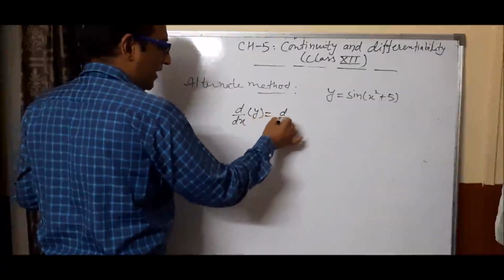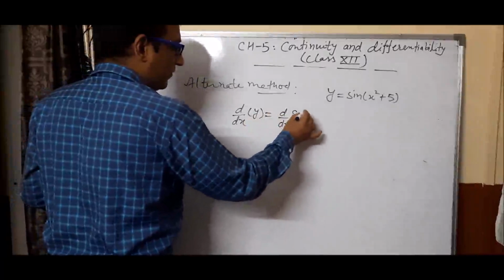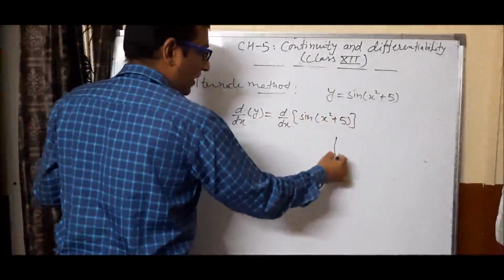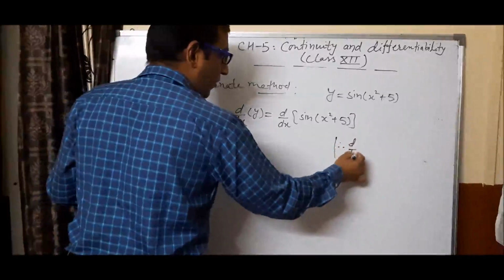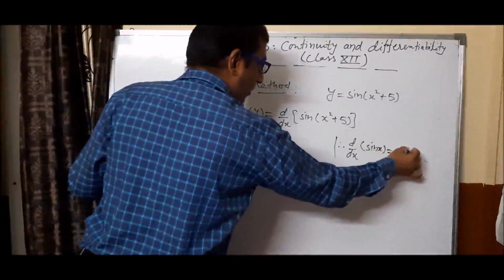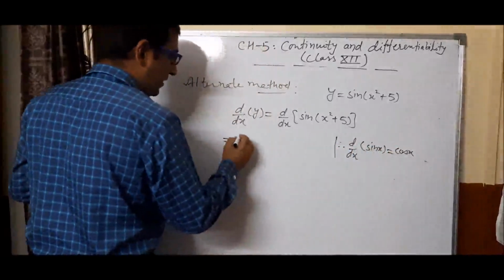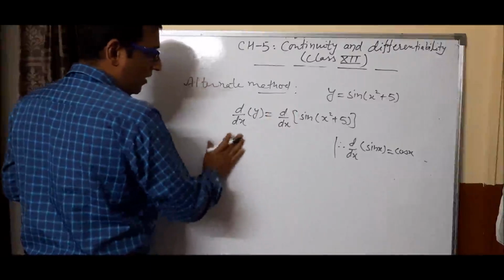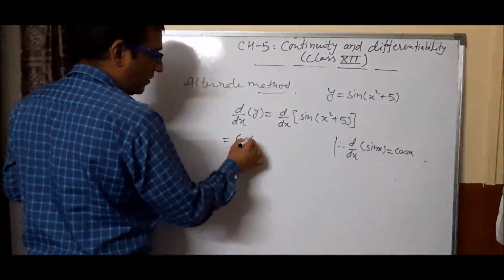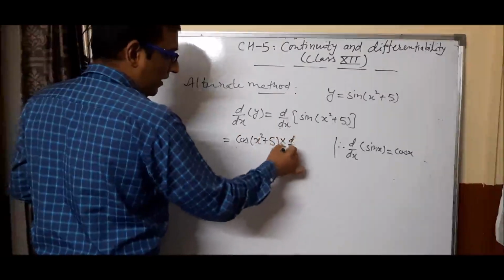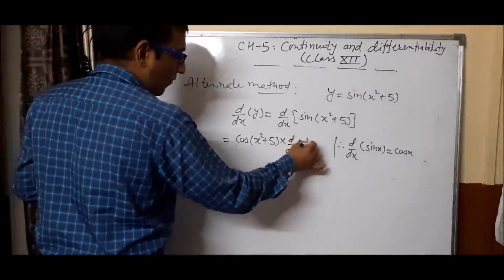We will write d by dx on both sides. As I told earlier, d by dx of sin x is cos x. So it can be done as cos of x square plus 5 into d by dx of x square plus 5.